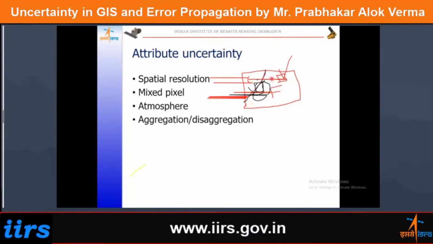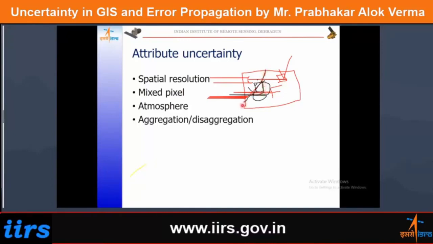So if it is assigned to cropland, this extra portion of forest will be assigned a cropland value. For this reason, there will be attribute error. Also, the boundary of the cropland, which was earlier like this, because of the mixed pixel issue follows this pattern.